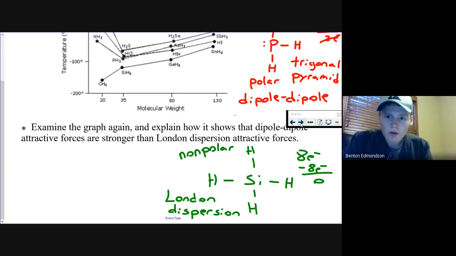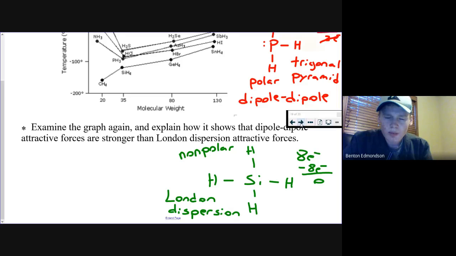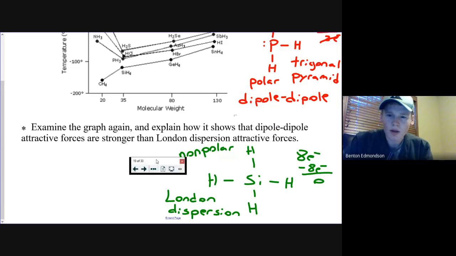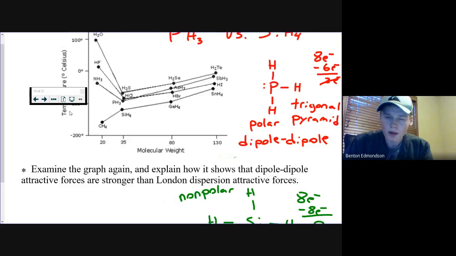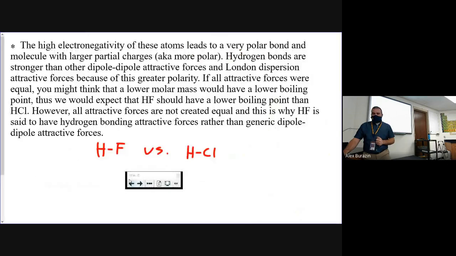I have a question. Go for it. I think you already explained this, but can you explain why hydrogen bonds are stronger than other dipole-dipole bonds? Yeah, that's a very good question. The hydrogen bonds end up being stronger than normal dipole-dipole because they have bigger partial charges.